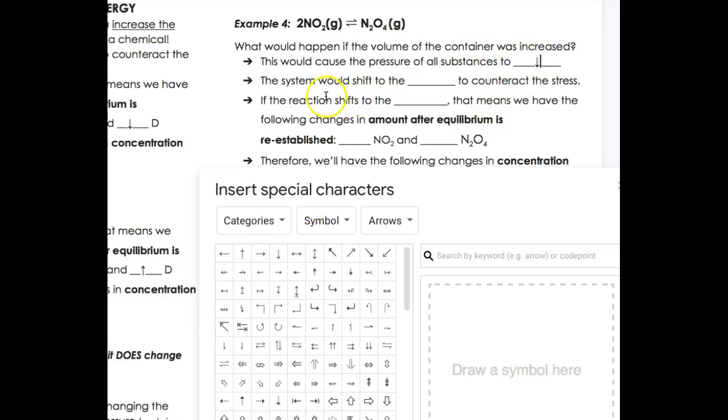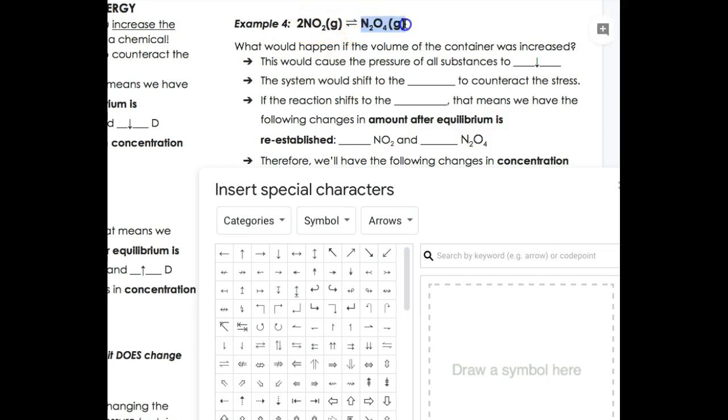It's going to decrease. And if the pressure goes down, the only way to counteract that is to move in a direction where you're going to trigger a higher pressure. That is how you counteract, by moving in the direction where there are more gas particles.